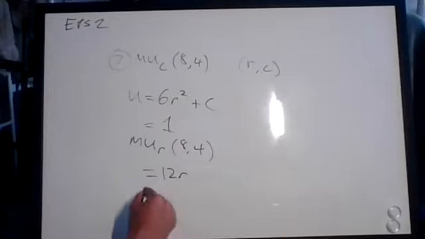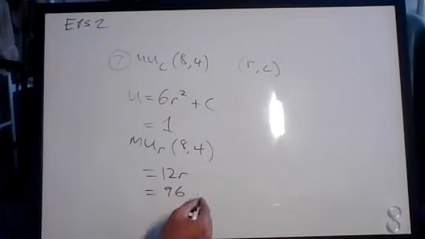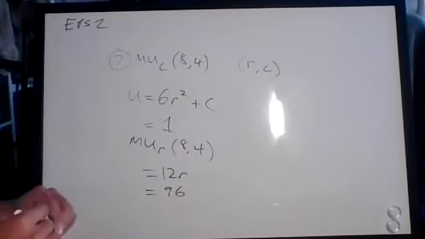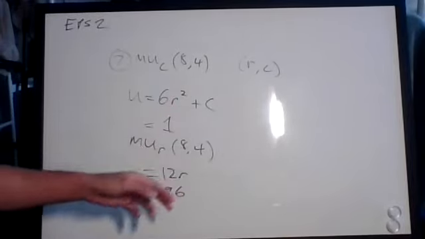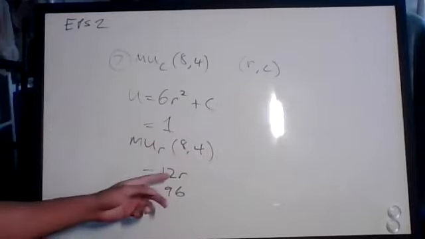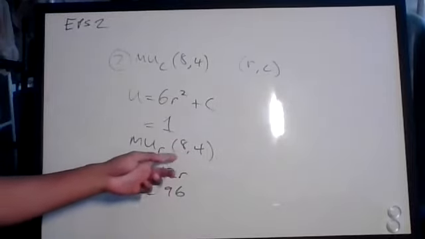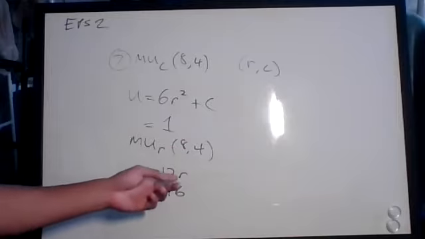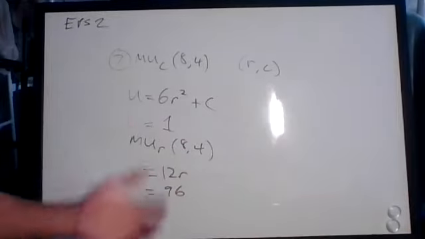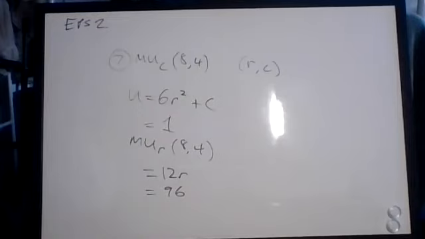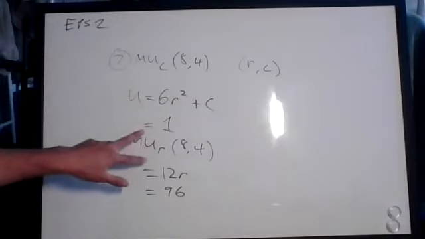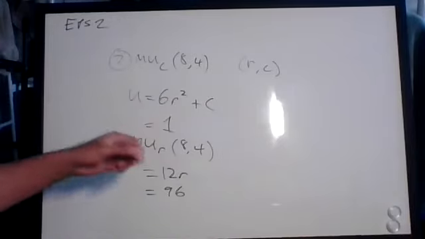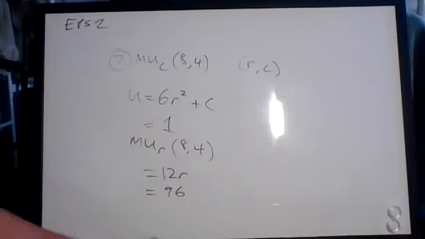In this case, I would plug 8 into R, so I would get 96. Depending on your value for R, say R is 0, then your marginal utility is 0. But say R is 1, now your marginal utility is 12, and so on. It really depends on what you spit out for your marginal utility, and whether it has variables within the marginal utility function.